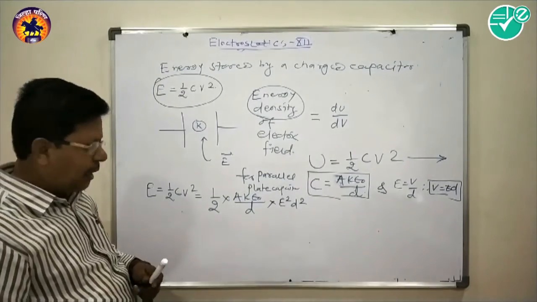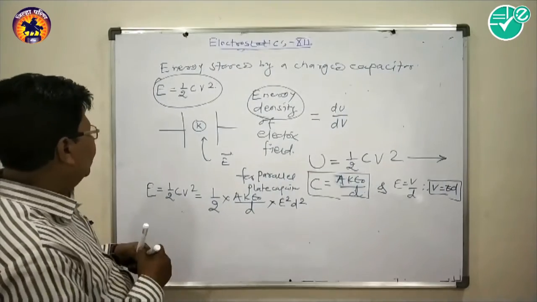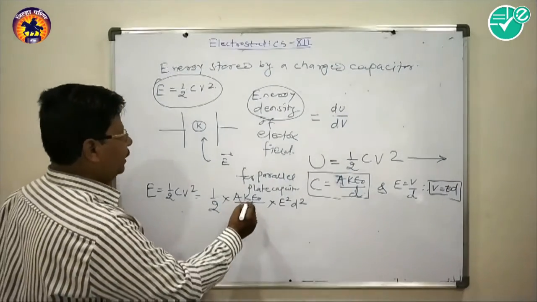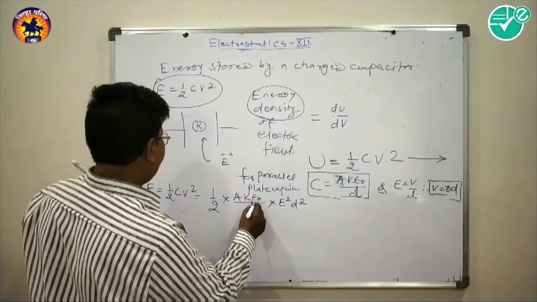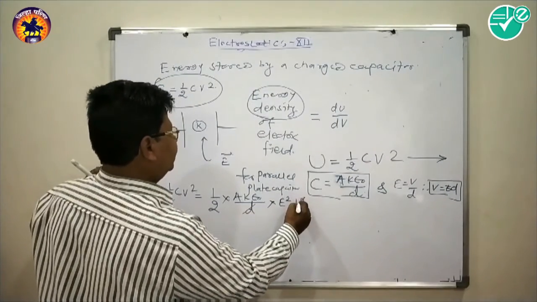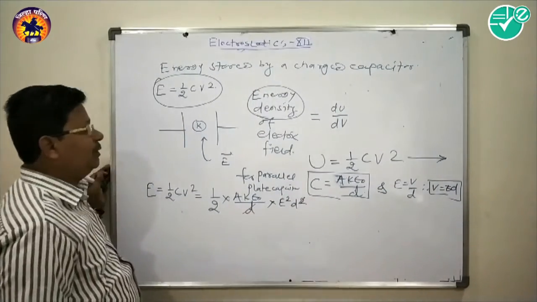Now in this formula, this D and this D get cancelled with each other.